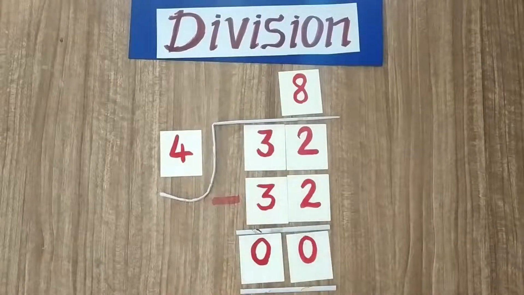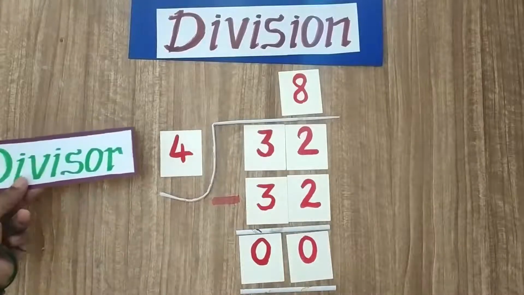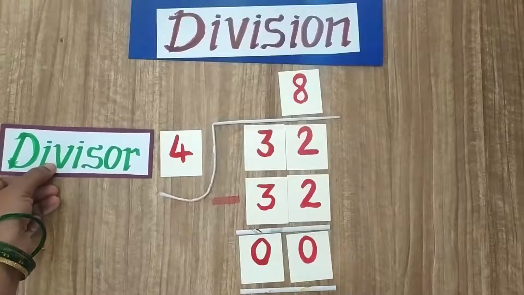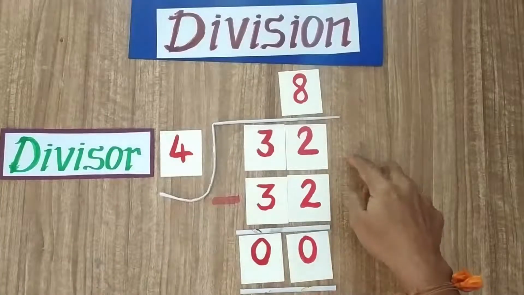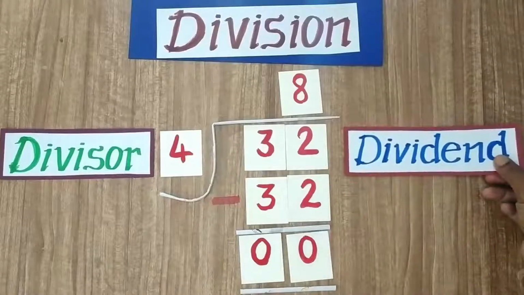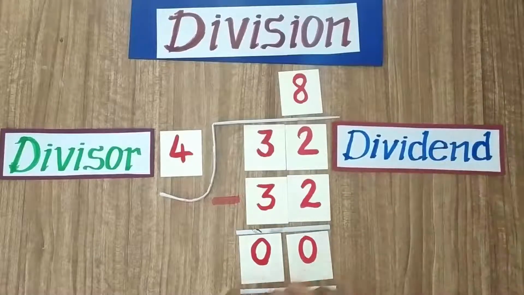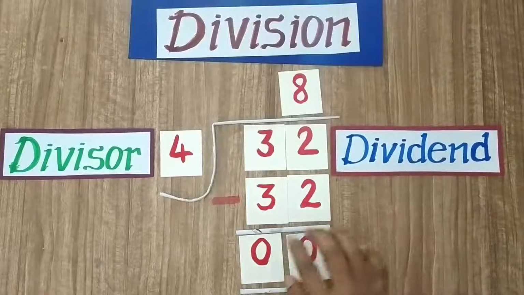Okay, here we divide by 4. So 4 is called the divisor. The number by which we divide is called the divisor, and the number which we are going to divide is called the dividend. Okay, these are the terms used in division.